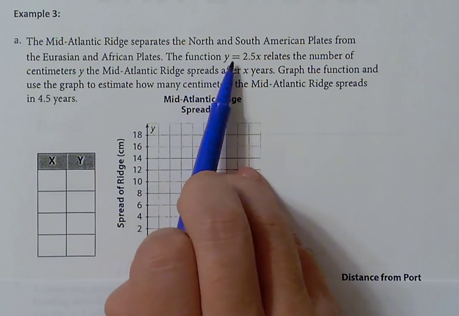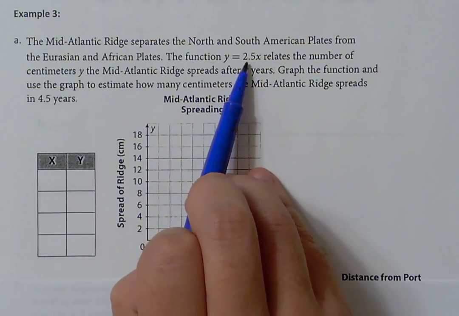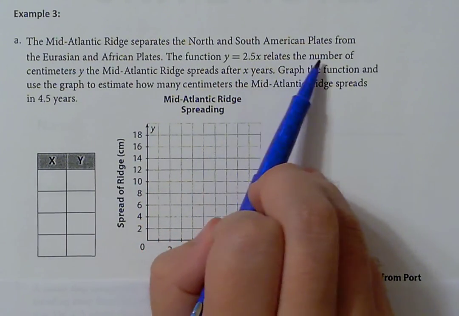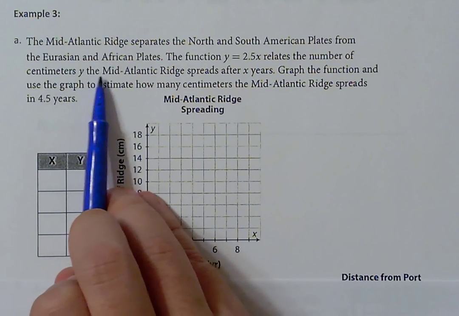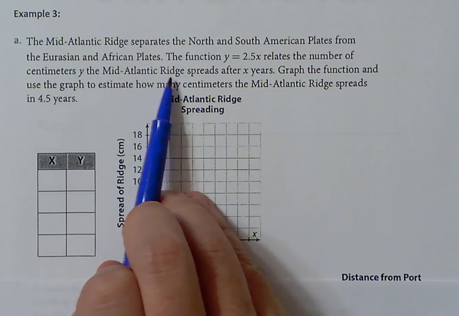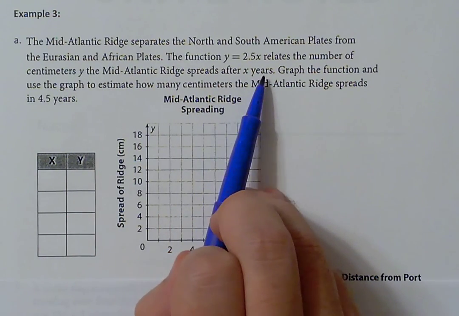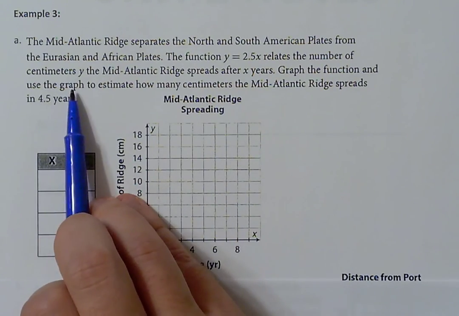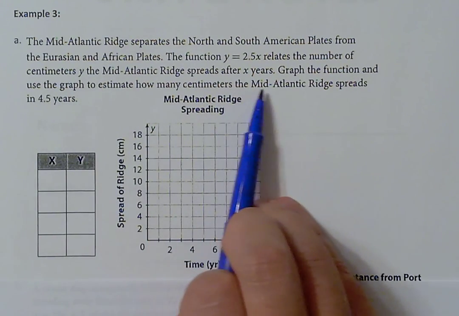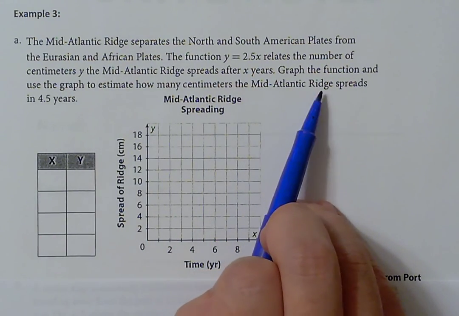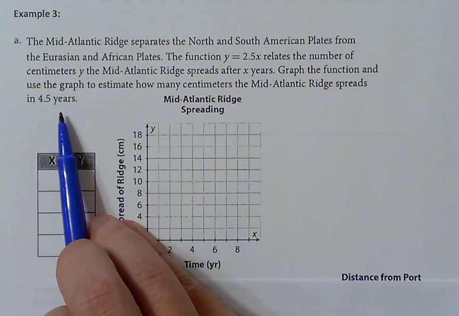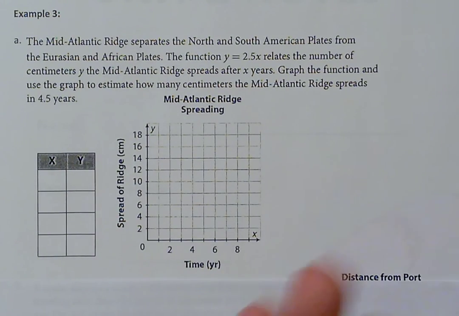The function y equals 2.5x relates to the number of centimeters y the Mid-Atlantic Ridge spreads after x years. Graph the function and use the graph to estimate how many centimeters the Mid-Atlantic Ridge spreads in 4.5 years. I'm going to show you how to do this fully drawn out, and then I'll talk about how you can solve this without having to go through every step.